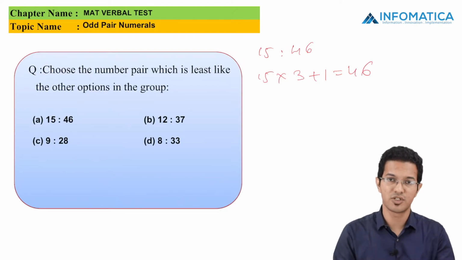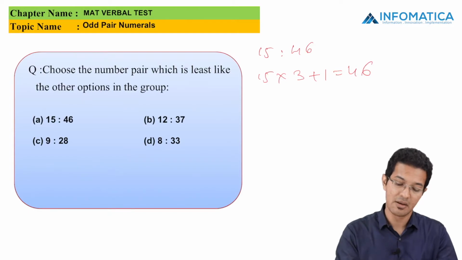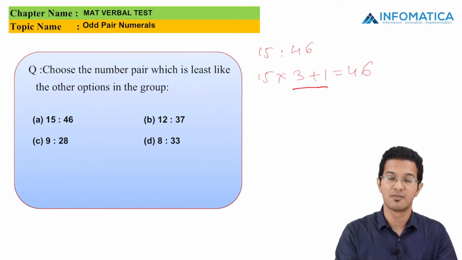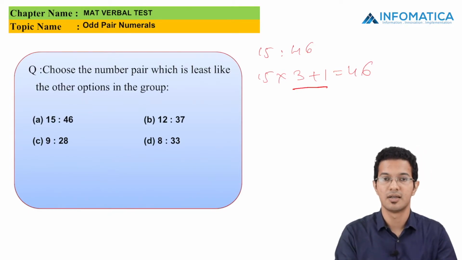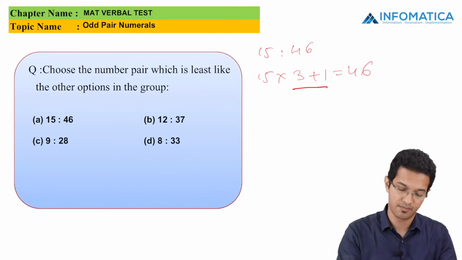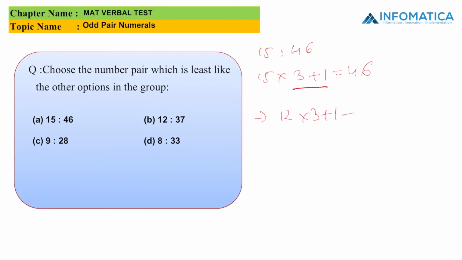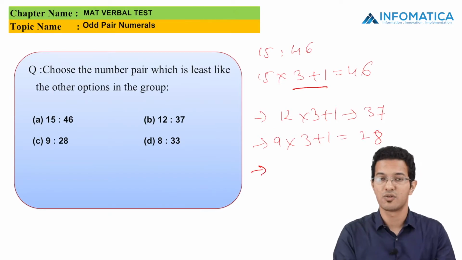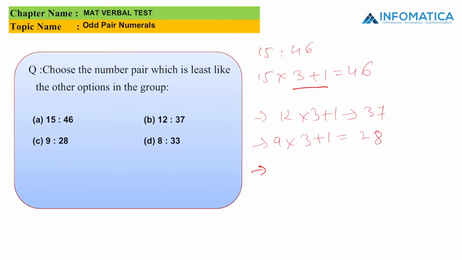So if you see the first option, we get 15 multiplied by 3 plus 1, which is giving you 46. Let us see if the rule applies to the next options. So as of now, option A, B and C are following the pattern.